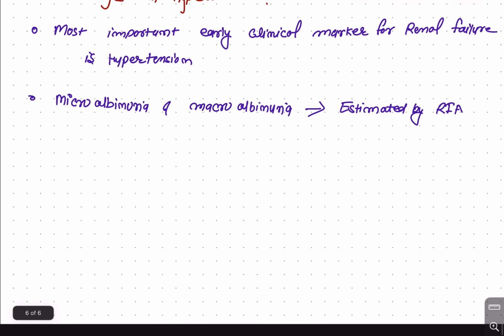So the effect of hypertension on the renal system causes benign nephrosclerosis and malignant nephrosclerosis.